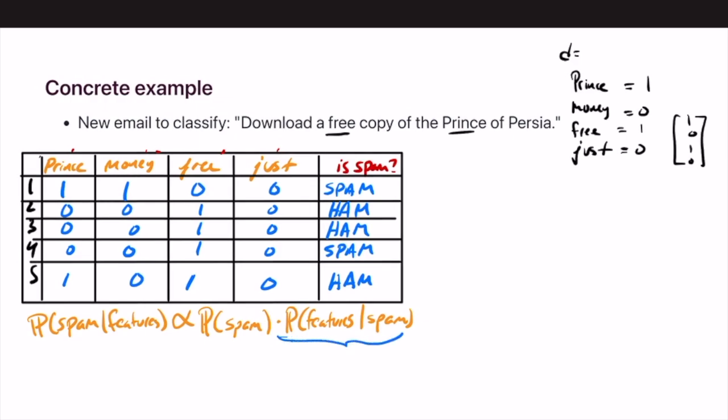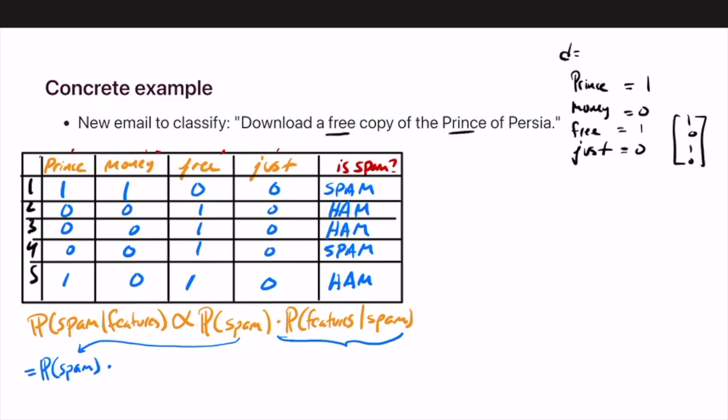And then we're going to be able to expand this out. So we can do it down below. This will be the probability of spam, because this just comes down, and that's going to be the whatever part. The part that's interesting though is the probability of features given spam. So by the rule of conditional independence, we can pull this apart and turn them into the products of each of the individual features given spam, because we wanted to classify this.